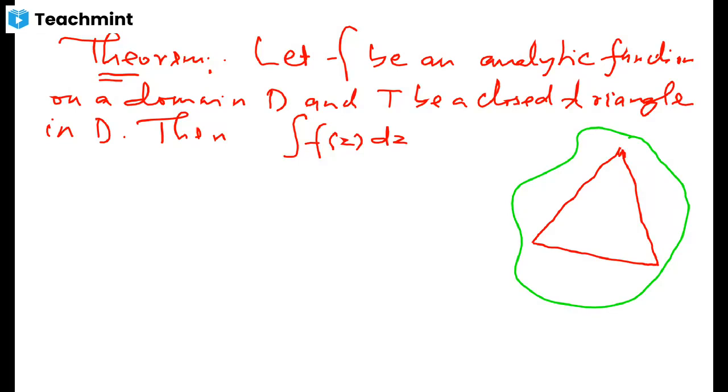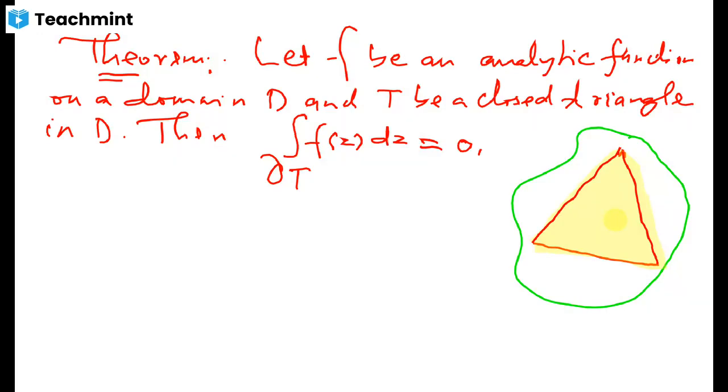And closed means including the boundary lines also. Since this is a line integral, you just need the contour, and the boundary of this triangle is a contour. It consists of three pieces, three sides. Then we have to prove that the integral there is 0.